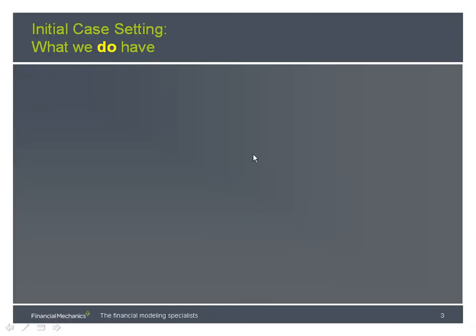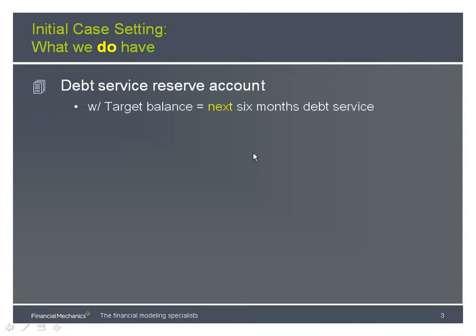So before we wade into the model, I think it's important to quickly describe what it is we do have in this project finance model. First off, we do have a debt service reserve account, and it does look forward to the next 6 months of debt service.